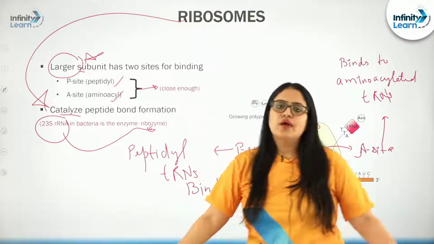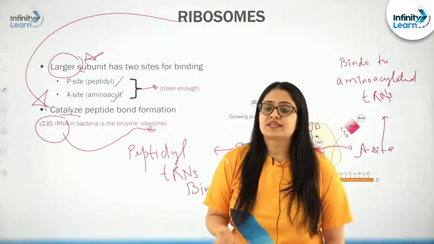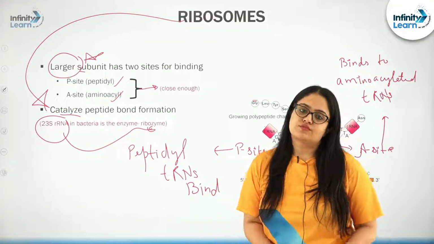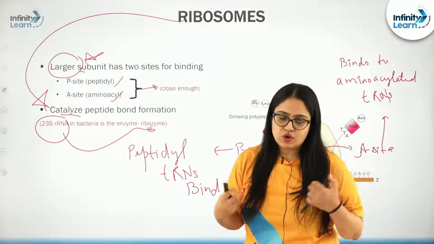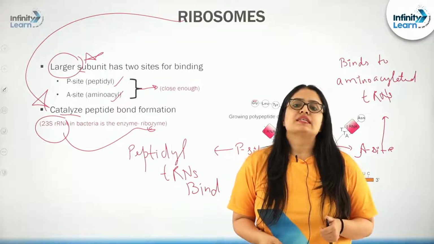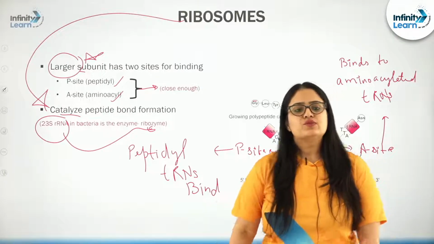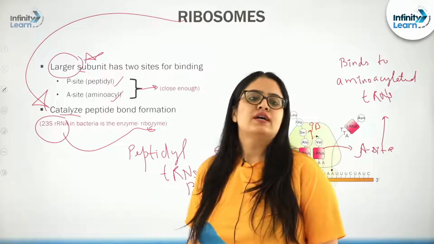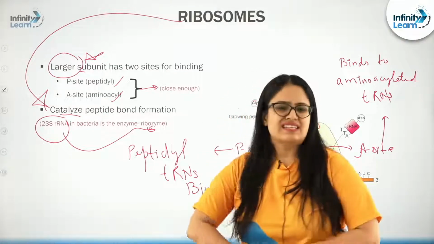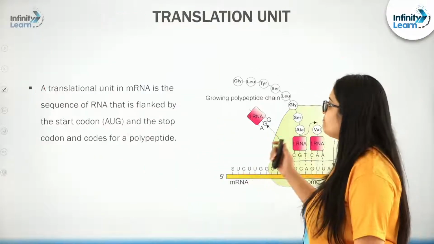So that's how ribosomes can catalyze the peptide bond formation process, because the rRNAs present in them possess that catalytic nature. I hope students each and every point mentioned on the slide is clear to all of you.